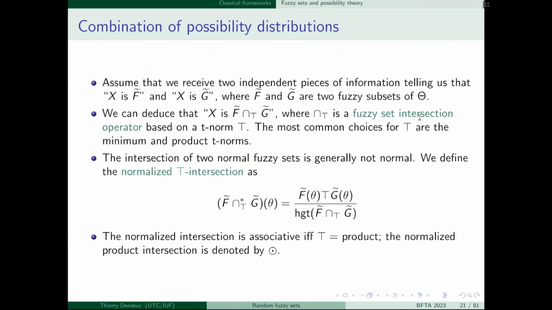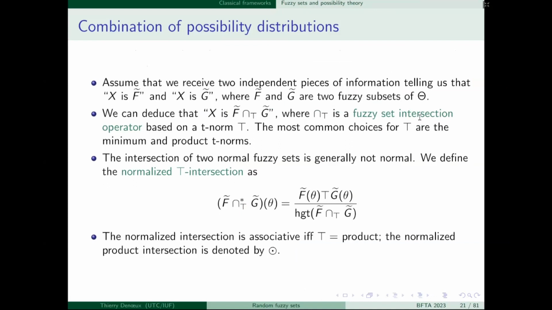Actually, in fuzzy set theory, intersection operators are called triangular norms. They need to verify some properties. The two most common choices for triangular norms are the minimum on the one hand and the product. But the intersection of two normal fuzzy sets is generally not normal. For instance, assume you have a fuzzy set F tilde here.